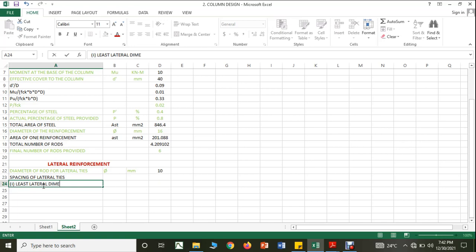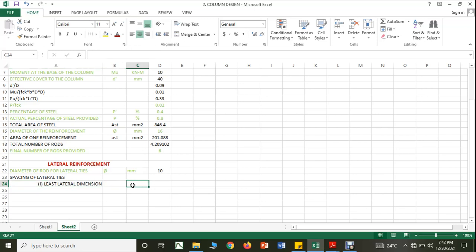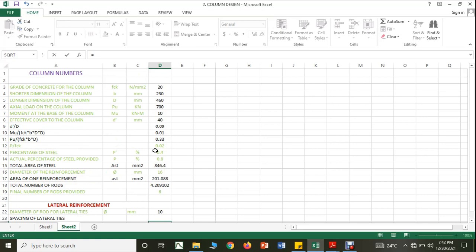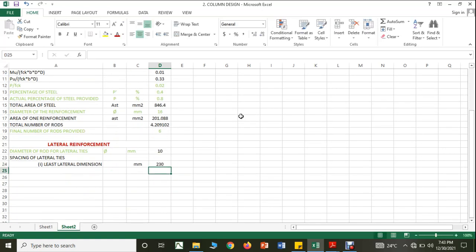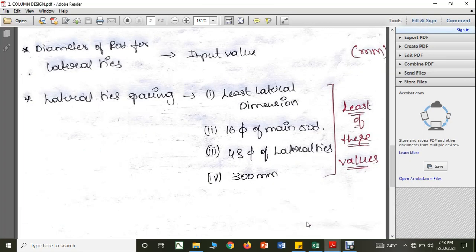That will be in mm only. I am supposed to choose the least lateral dimension, so out of these two, the shorter dimension will be the least lateral dimension. Then the next will be 16 times the diameter of the main reinforcement.